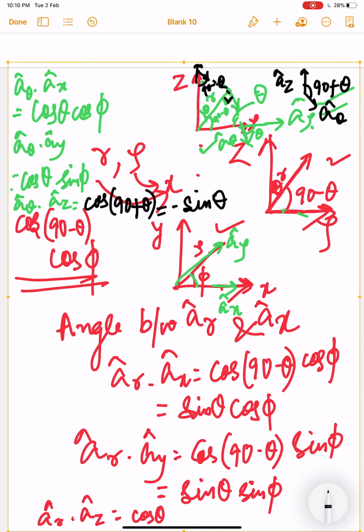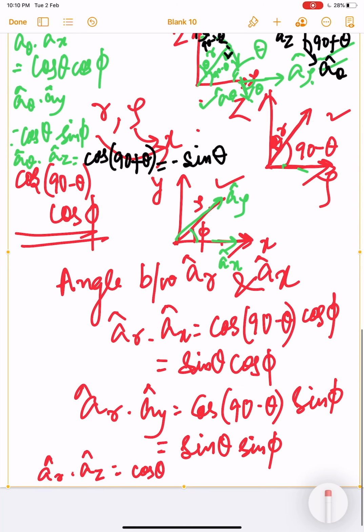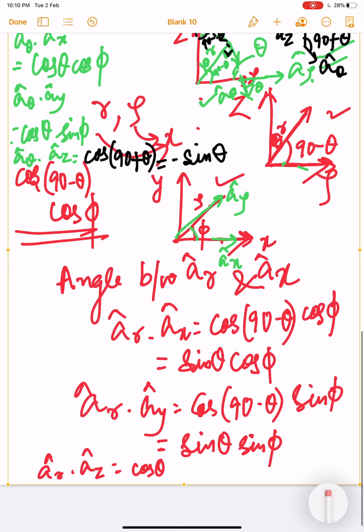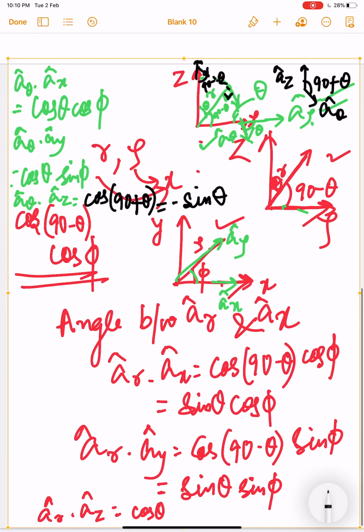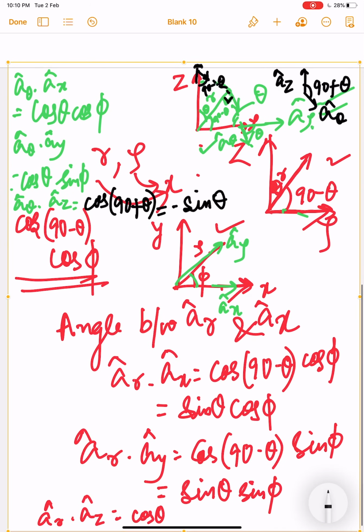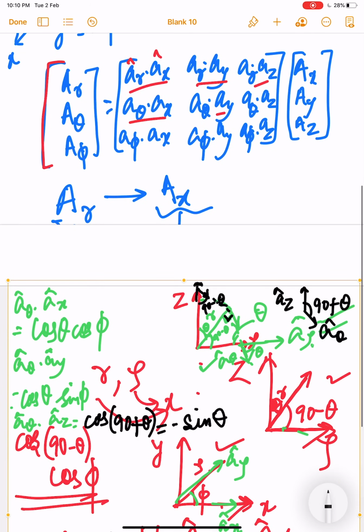Considering all this, I can substitute these values in this table and I can get all the values. And this a phi dot a, these things are pretty simple because this is straightforward in the xy axis.